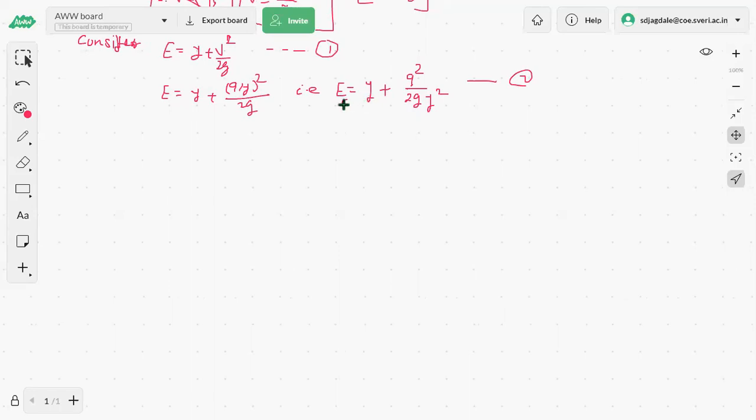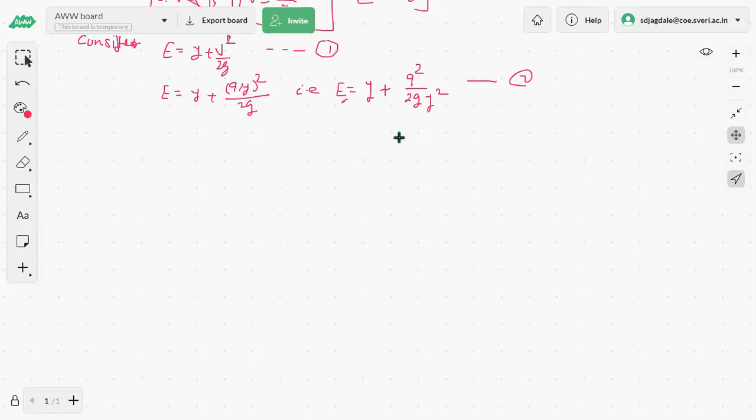As we already know, E is equal to K plus P. In the first method, we used to take different values of y for a given discharge q, and for those values of y we would find the values of the specific energy E. We used to plot those points and join them by a smooth curve. Then we would directly get the specific energy curve.